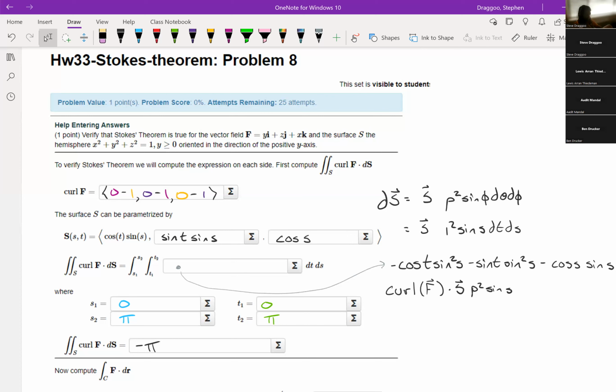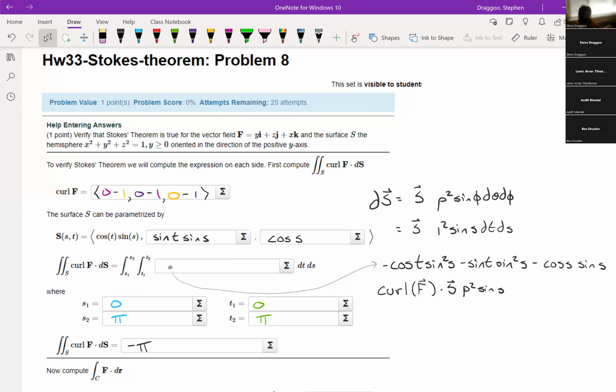That means that y is just going to change over to sine theta, still times sine S. And then z is cosine S, or cosine phi. I suppose we also calculated the curl of that thing at some point, but I got -1, -1, -1, or -1, 1, 1.